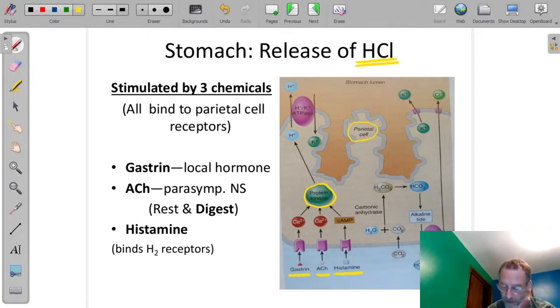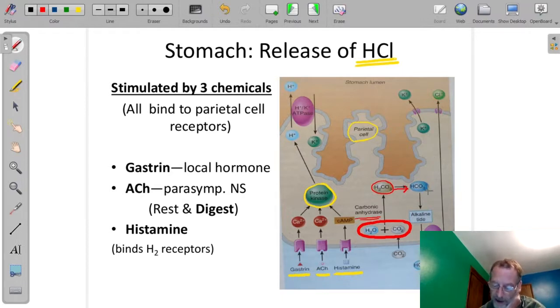It starts with what we've done before, carbon dioxide and water are combined, and there's the enzyme carbonic anhydrase. This should look familiar. It produces carbonic acid, and then the carbonic acid ionizes and produces the bicarbonate ion. Let's just follow that for a moment.